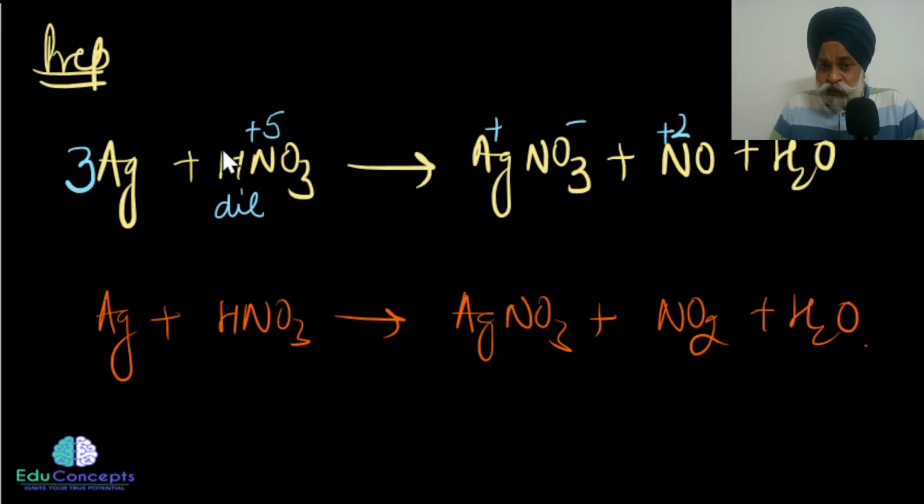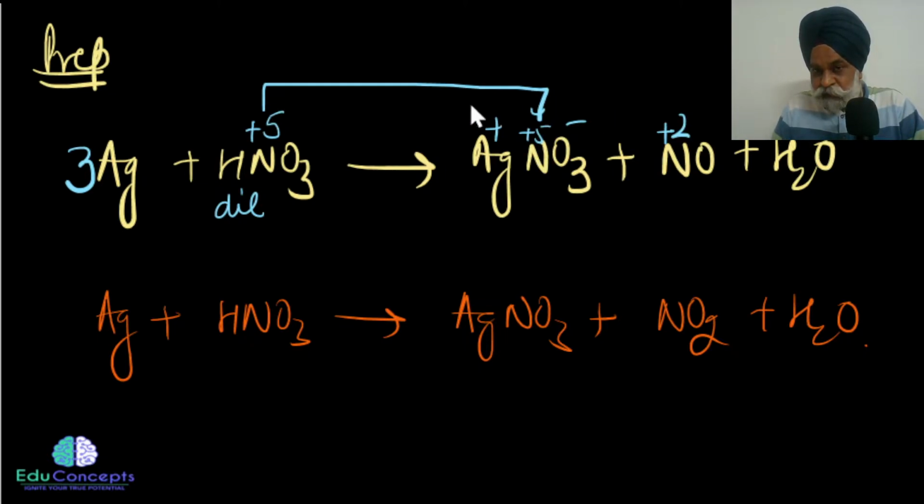To do the balancing, this silver lost 3 electrons, so 3 moles of silver lost 3 electrons, and one of the nitrogens goes from +5 to +5, another from +5 to +2. So here I shall be requiring 4 moles of it, because only 1 mole of nitrogen +5 goes to +2. So here comes the 3, and it almost got balanced. So this is quite important.